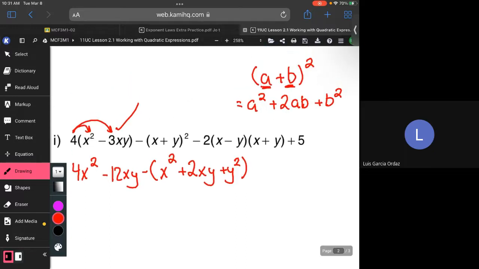Now, the next one, do both brackets have x and y in the next pair? Not really. What do you notice about the operation of each one? So when you have two brackets that have a different operation, but the same variables, all this comes to is just squaring the first one and subtracting the second one squared.